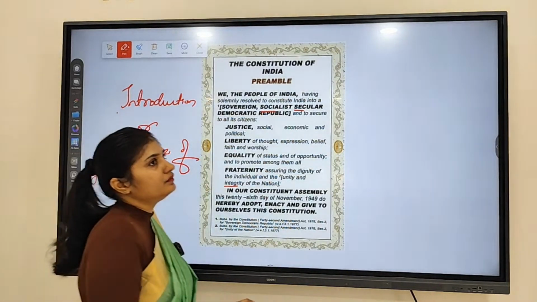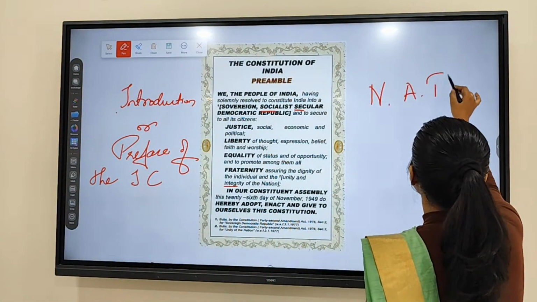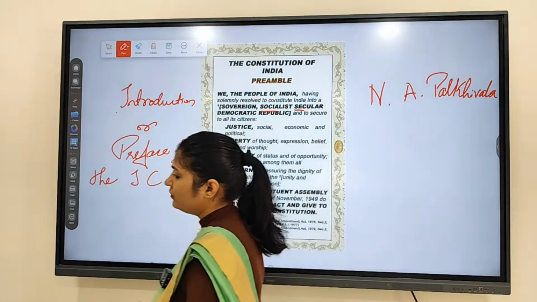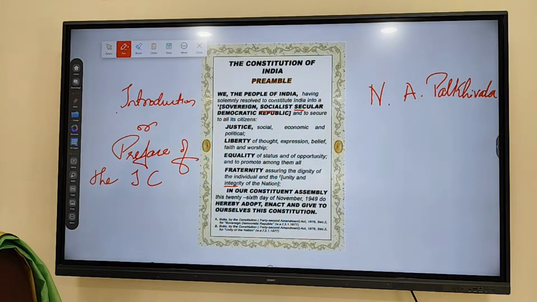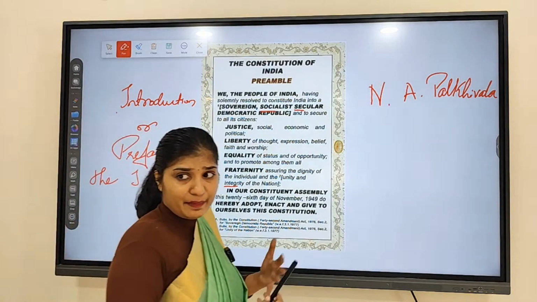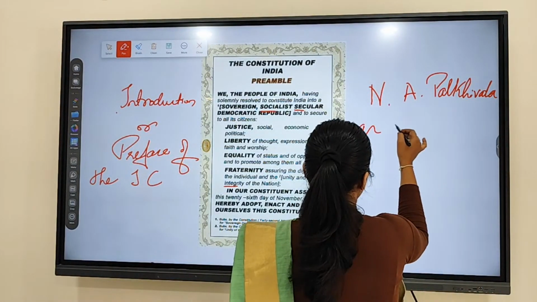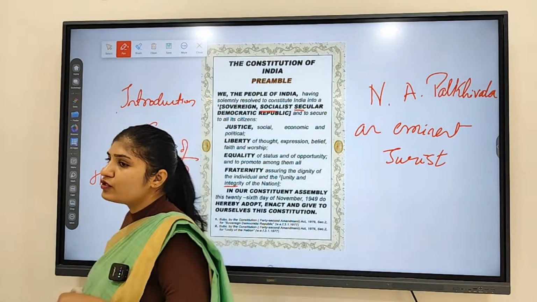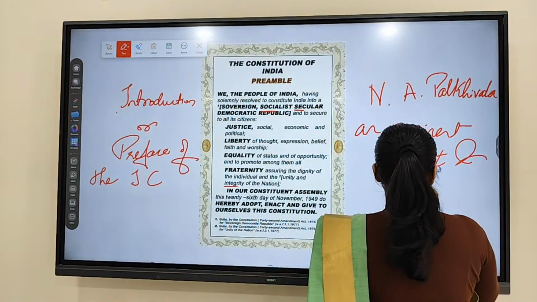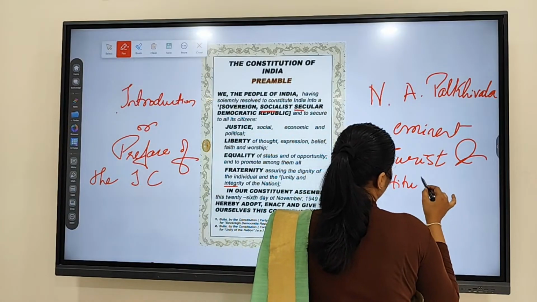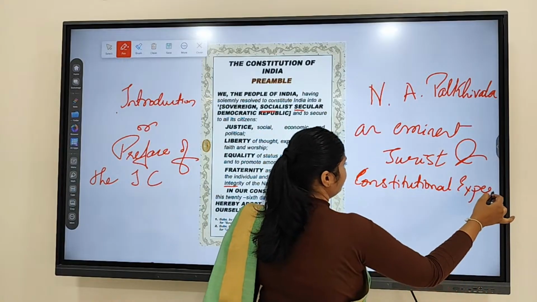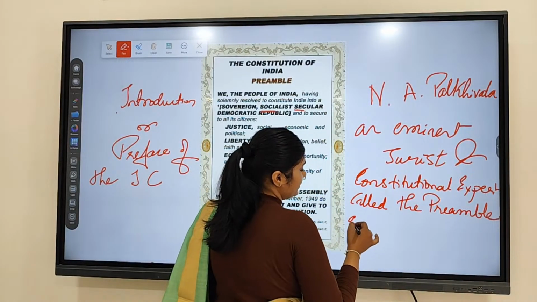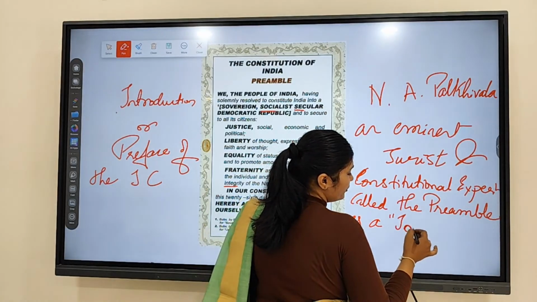Next, N.A. Palkhivala, an eminent jurist, a famous jurist, judge, and constitutional expert, called the preamble the identity card of the Constitution.